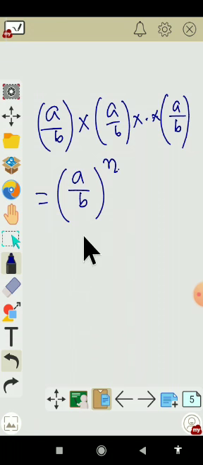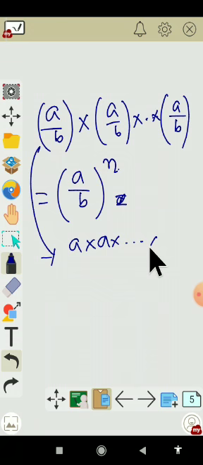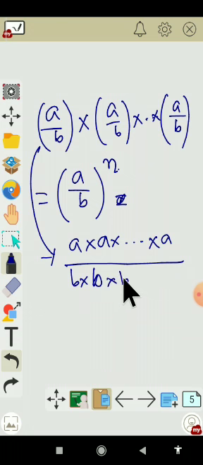If you multiply all the numerators and all the denominators, we get a multiplied n times, and b also multiplied n times.